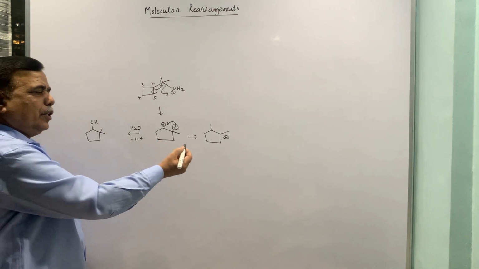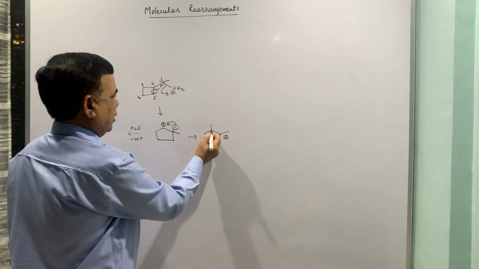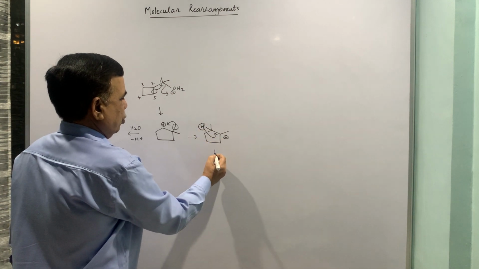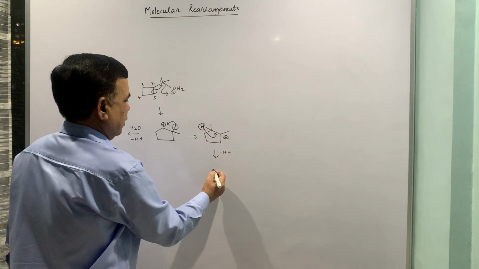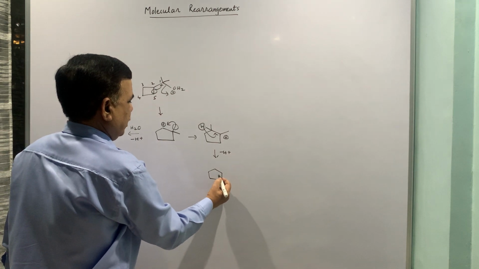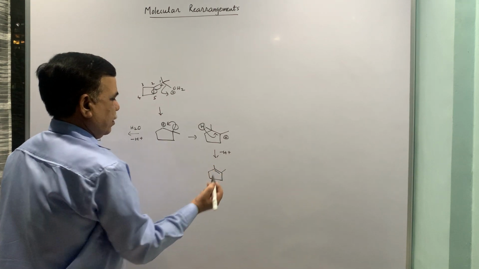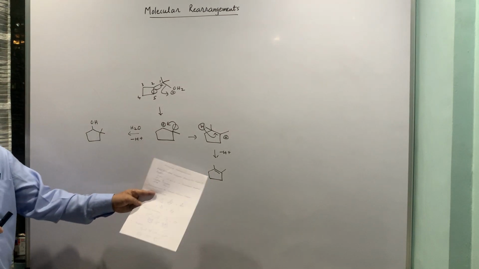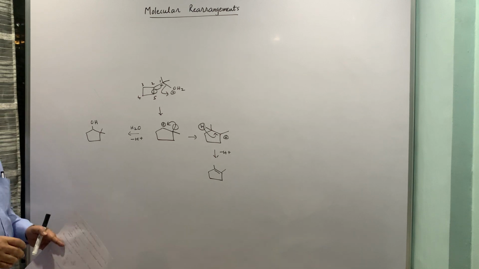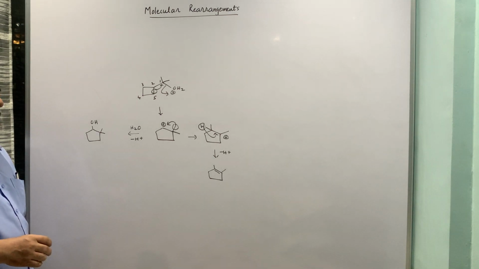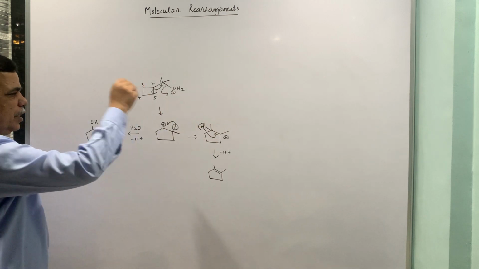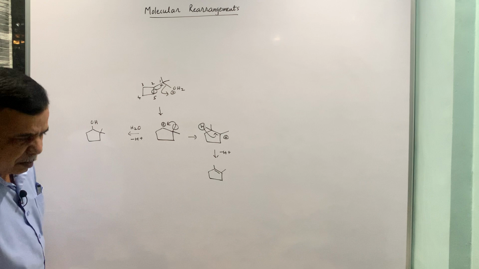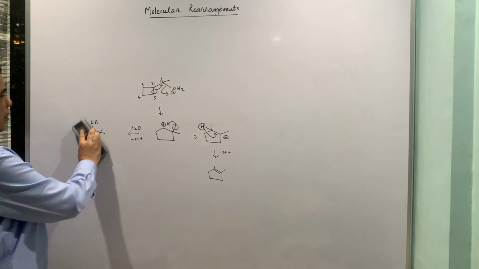So this is going to be the more predominant product, and now we have got a hydrogen, you can lose this. So minus H plus will eventually give you the dimethyl cyclopentene as a product. So this is going to be the major product, this is going to be the minor product depending upon the stability of carbonium ion. So this is going to be tertiary, so more stable and will be the predominant product in this reaction.